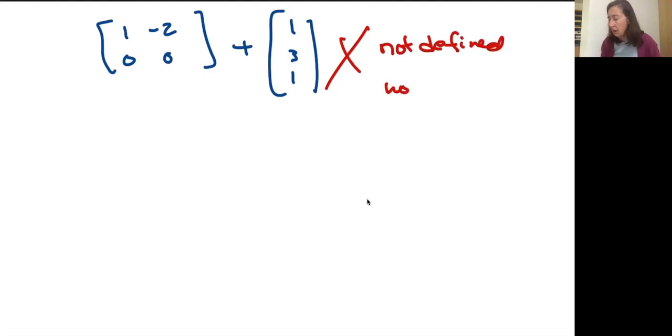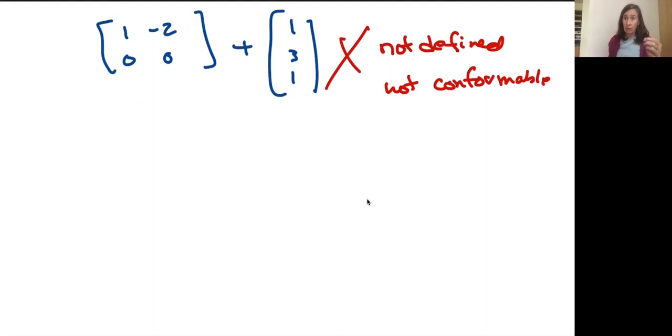These matrices are not conformable. Both of them have a 1,2 and a 2,1 element, but there's no 1,2 element to add to the -2, and there's no 3,1 element over here to add to the 1. So you can't even do this addition.